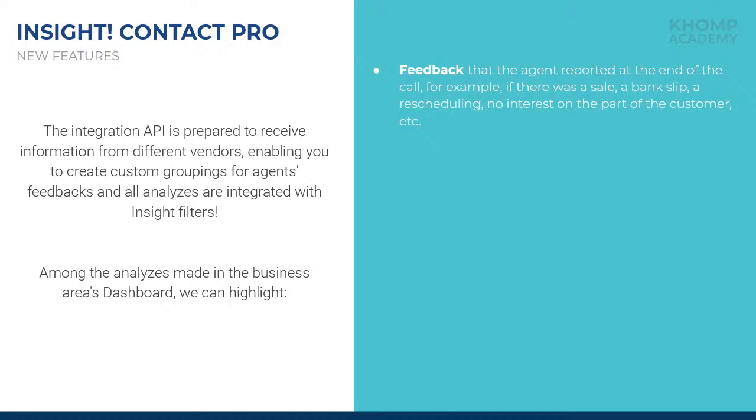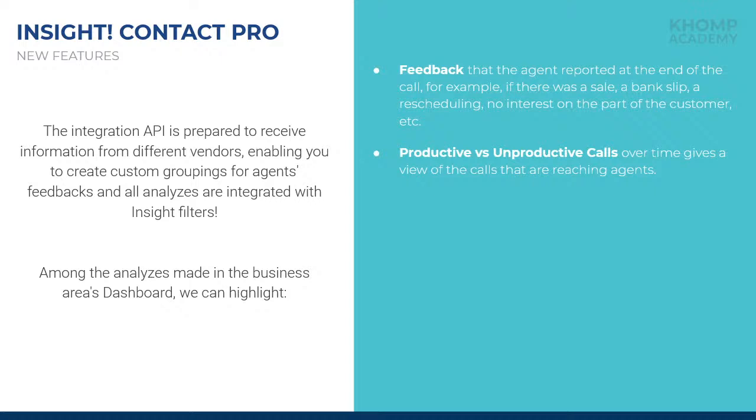You can have this feedback for the agent report at the end of the call. For example, if there was a sale, an advanced sale, a rescheduling, no interest on the part of the customer. Okay, different scenarios.